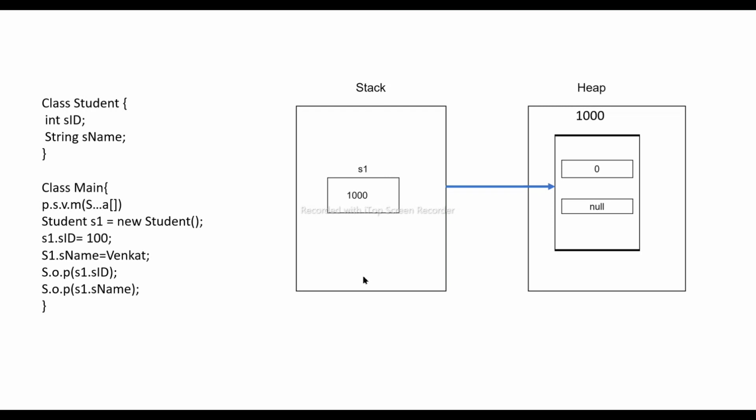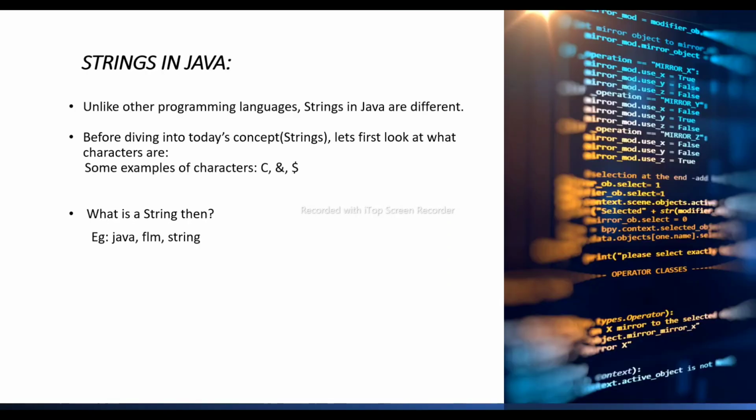That is how an object gets created inside the memory. And now I feel this is a prerequisite to know how strings work inside the memory. That is why I have told you this. Now coming to the main part, that is strings in Java.